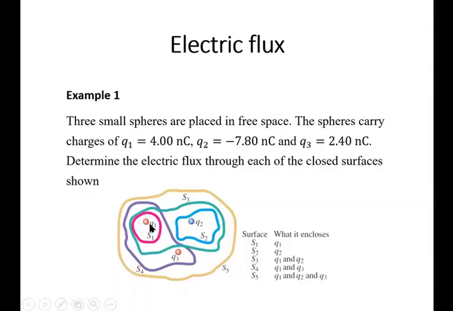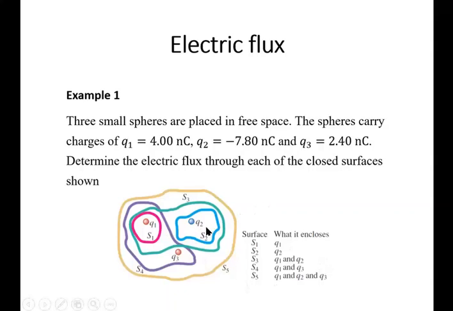Here we have Q1, Q2, and Q3 distributed, with closed surfaces drawn around them. You are seeing the closed surfaces as lines, but the actual surfaces are like a bottle or a rubber wrapping around the charges.